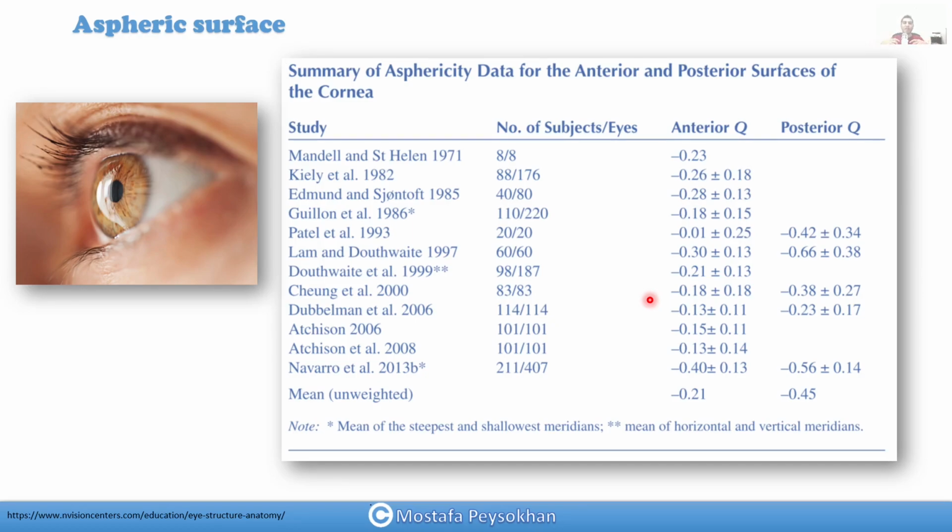So we cannot say we have a constant value, but we have a mean value, which is the unweighted average of all the data. For the anterior surface, we usually use -0.21, and for the posterior surface, we usually use -0.45.